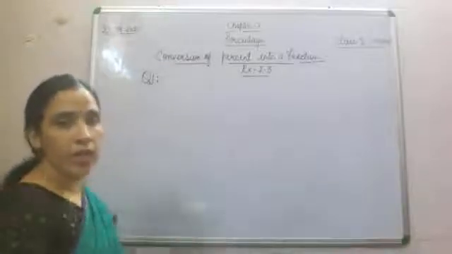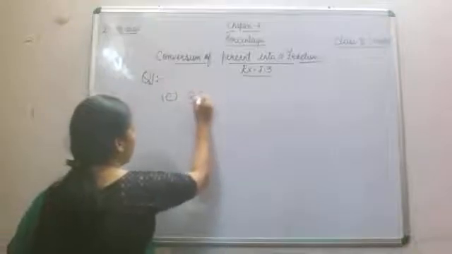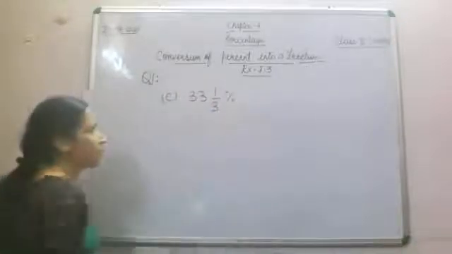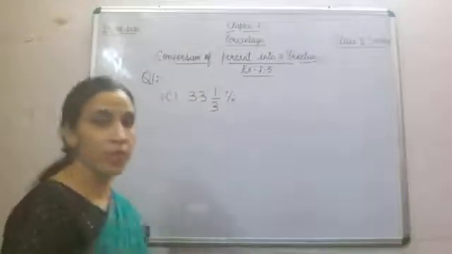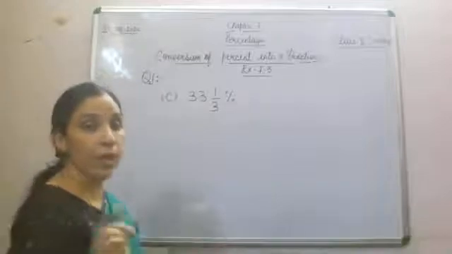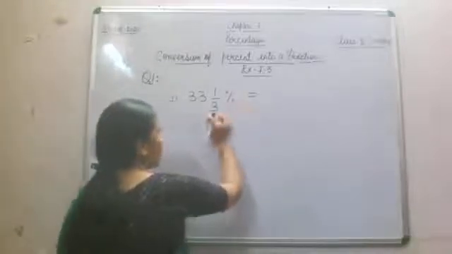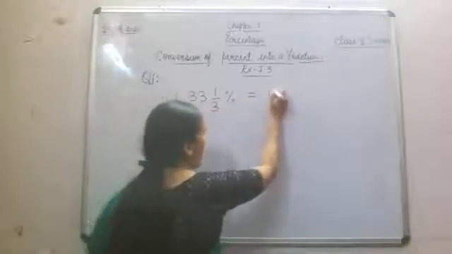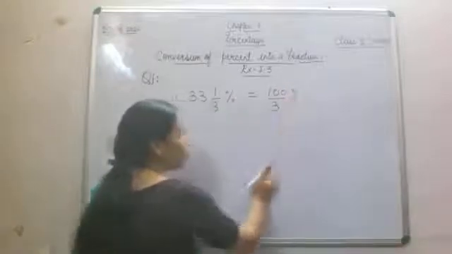So let's start C part. 33 1 by 3%. Now what is given to you here? You have been given a mixed fraction. Just now we have taken one example of mixed fraction also. So it will become 3 3s are 9, 9 plus 1, 10, 100 by 3%. This will be given to you.